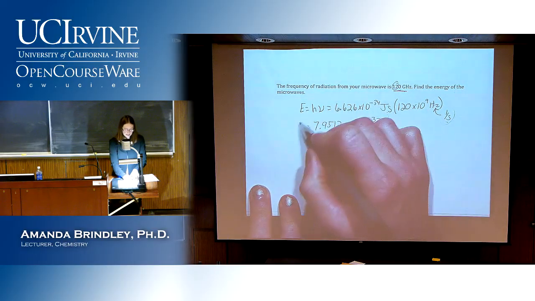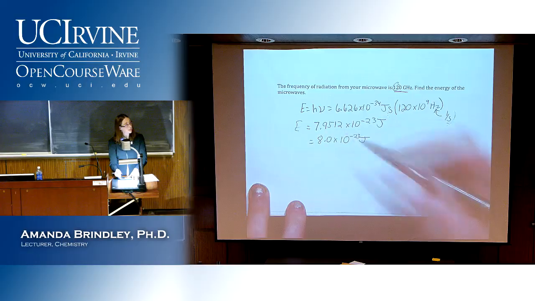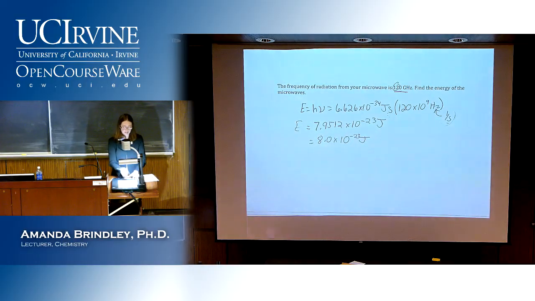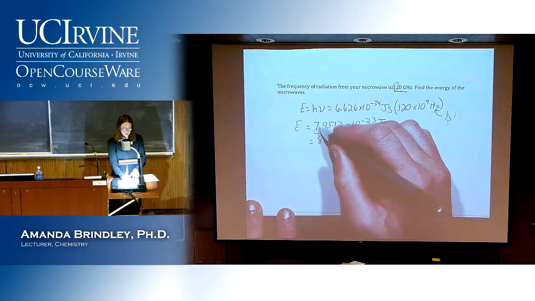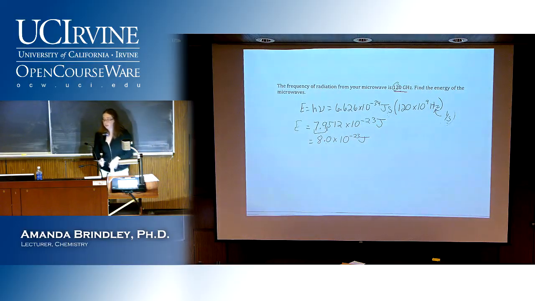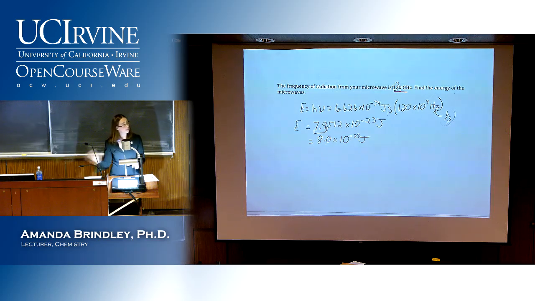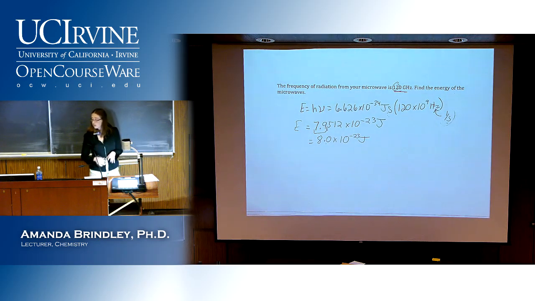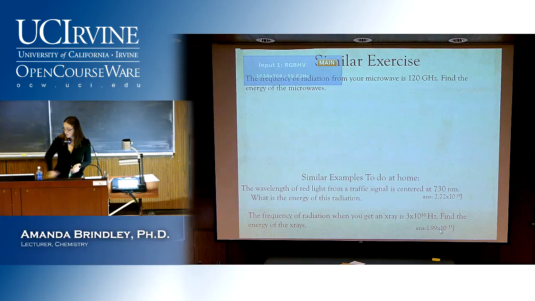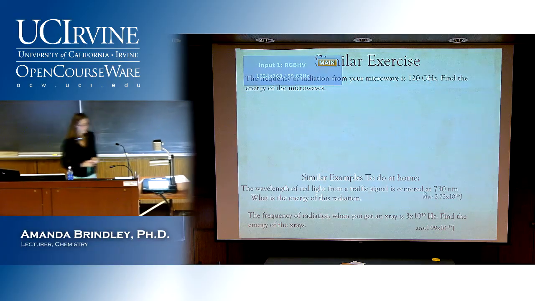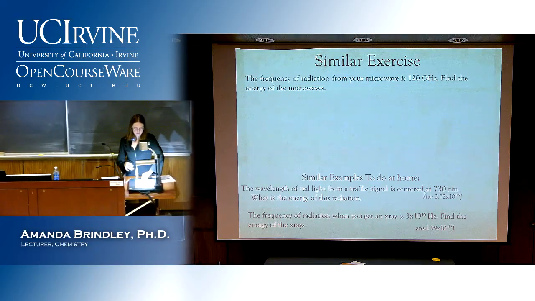Now, if we get this in our calculator, we need to make sure that we still figure out our sig figs. So we have 2 sig figs here. So we bring these 2 sig figs down. We have 8.0 times 10 to the negative 23rd. So just like what we did on the slides, only with our other equation. Now on the slides, I sent you home a couple of similar exercises to do, and so you can write down those answers if you need them.